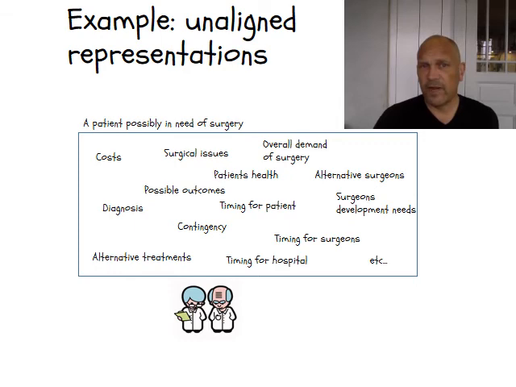But within that frame, you have now a lot of things to consider that are relevant. You have costs, of course. This is a cost issue, and hospitals have a budget and so on. But there are also surgical issues. There are moral issues. There's patient health. It's the timing for the patient. It's possible outcomes, alternative treatments. Is the diagnosis right from the start?